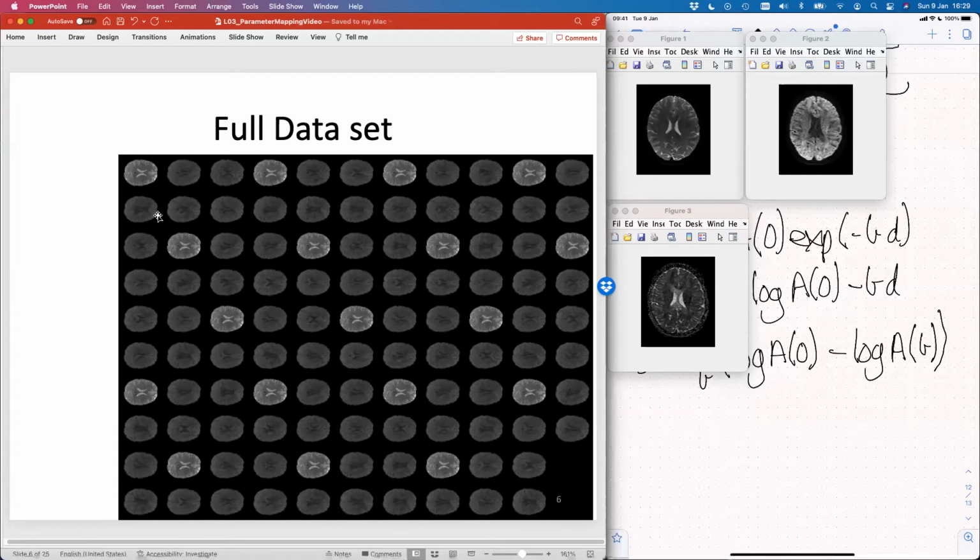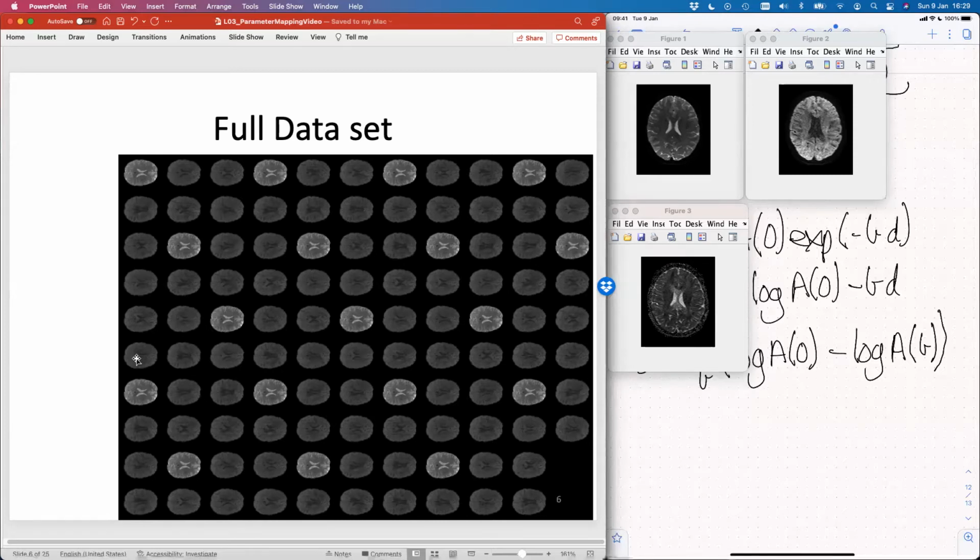These are the first 2 here, these 2 that we already looked at over here. This is the first B0 image, and this is the first B1000 image. So now in this image, the scaling is the same for all of these images. So we can see now that this diffusion weighted image is much darker. It has lower intensities than the unweighted B0 image.